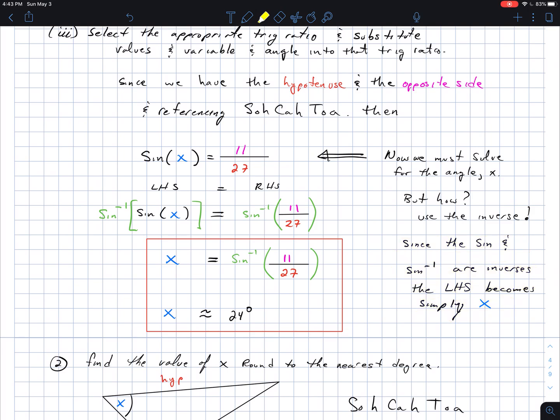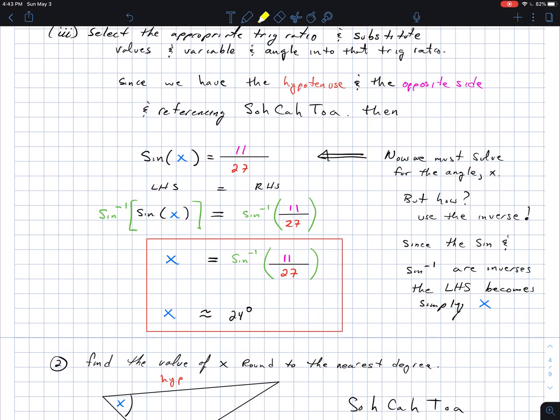If I take the opposite of something, like adding 1 to negative 1, I get 0. I get nothing back. In this case, that nothing is x, and x is what remains.